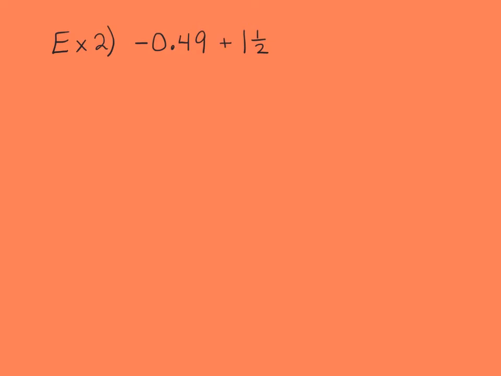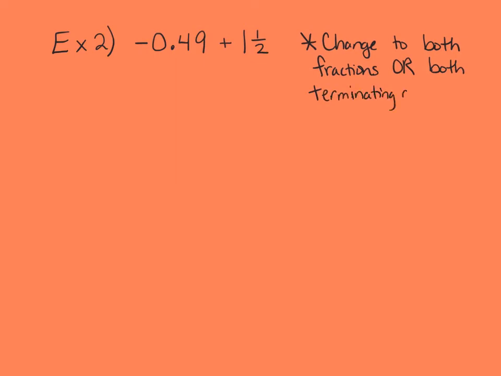So anytime that is the case, you're going to need to change to both fractions or both terminating decimals. Now, we don't do this with repeating decimals because we don't quite have the background to add and subtract with repeating decimals. So if they turn out that way, they'll need to convert to both fractions.